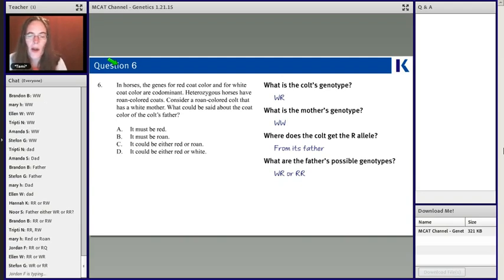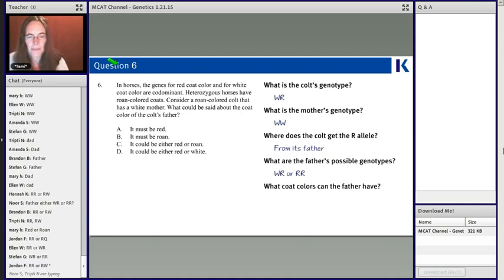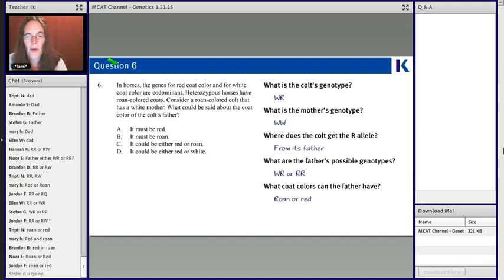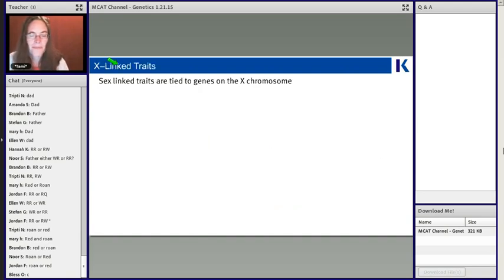So what are the potential colors that dad could have been? Roan or red? Notice that thought process led us directly and easily to answer choice C. Love it.